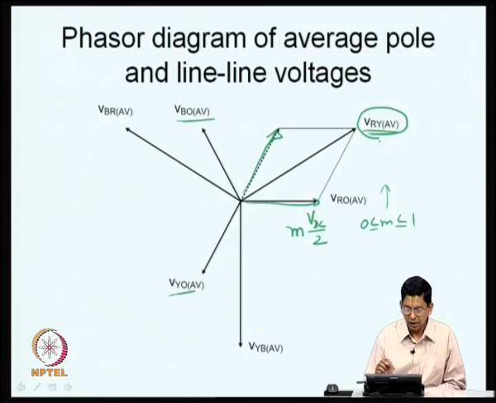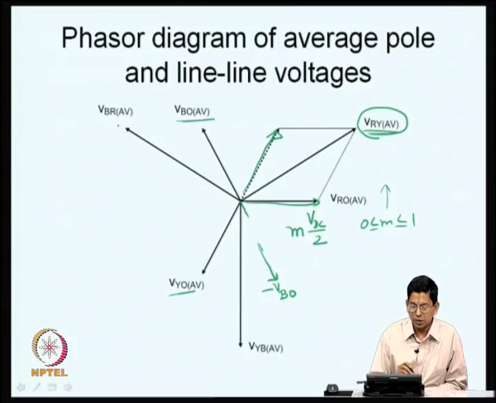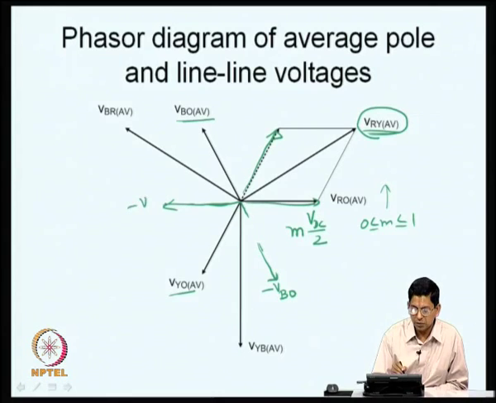Similarly, VYB average is equal to VYO average minus VBO average. If VBO is projected this way, this is minus VBO, and VYO minus VBO gives you VYB. The same way, VBR is equal to VBO minus VRO average. This will give you this.